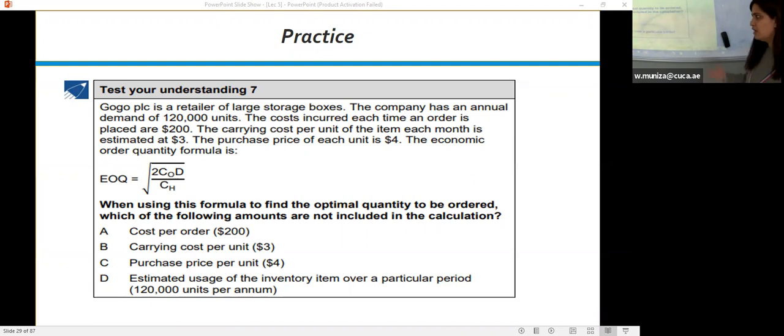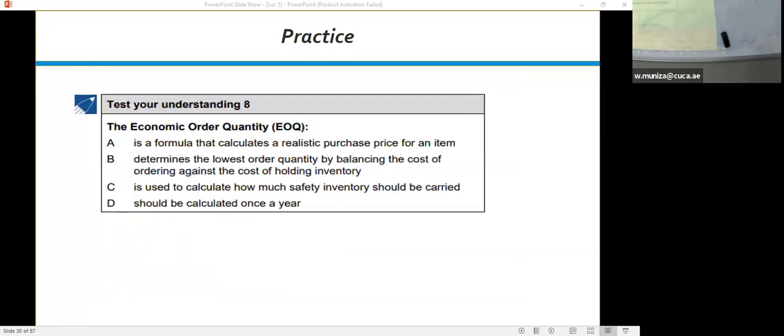So these are all used instead of purchase price per unit. They have given the scenario anyhow. Without reading the scenario also, we do know that in this specific formula, we are not using purchase price per unit. Okay, now the economic order quantity is a formula to calculate a realistic purchase price for an item. Is it the formula to calculate realistic purchase price?